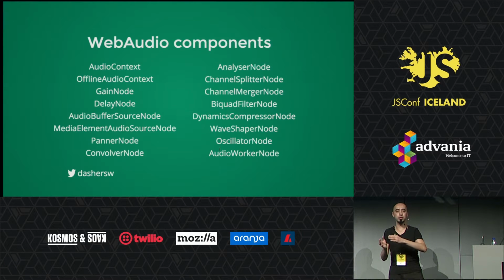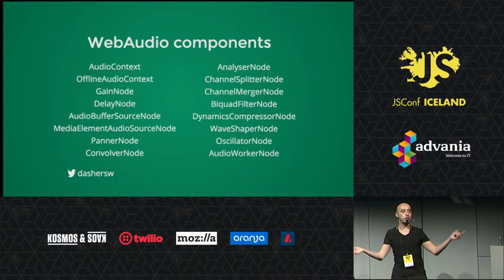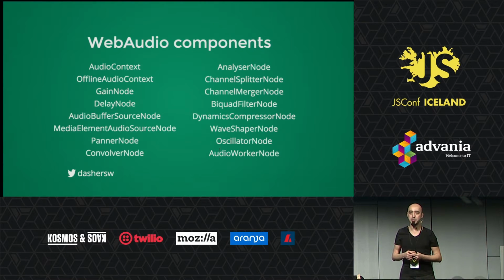Panner is used to direct the sound to either left or right channels. Convolver is used to introduce effects like the echo effect, the hall effect, like a cave. You know, your sound kind of echoes and drifts away in a cave. Those effects are made by finite impulse response filters, and a convolver node is basically used there.